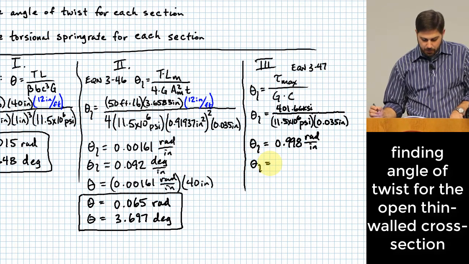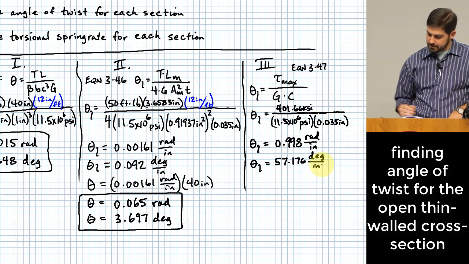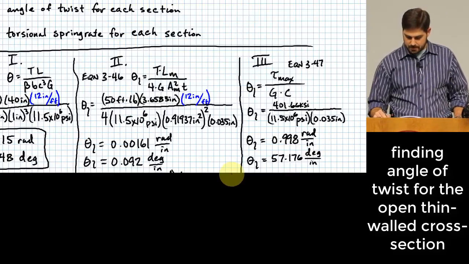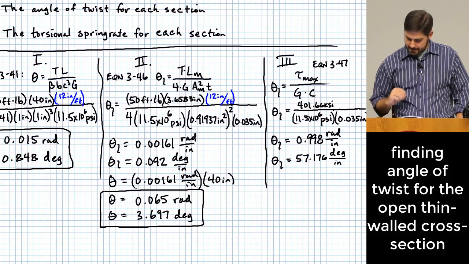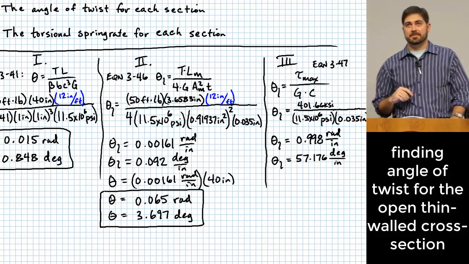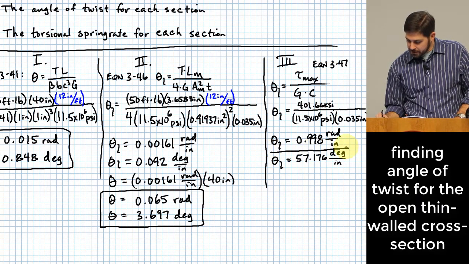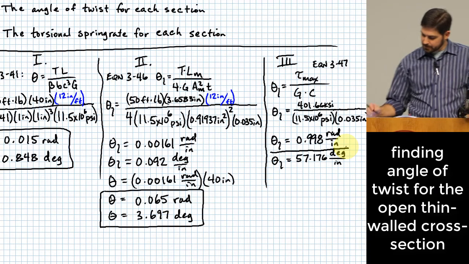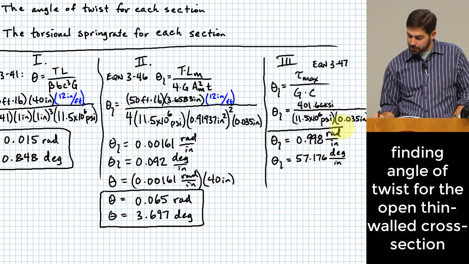That is 57.176 degrees per inch. That's a lot of twist. Again, would it really do this? Yeah, we already sort of said that this thing is probably going to break before this happens.